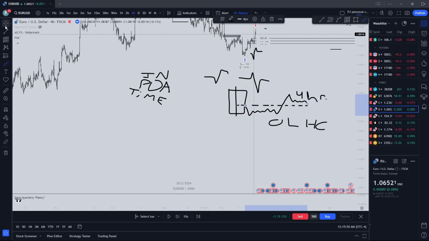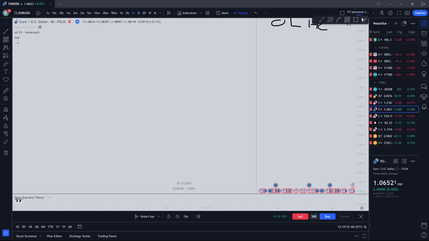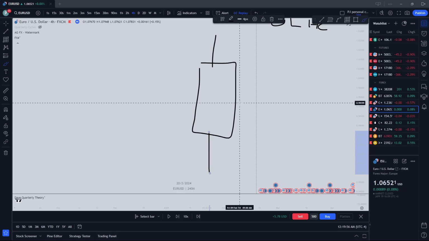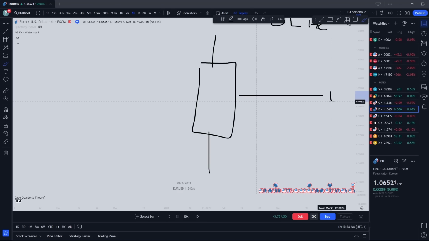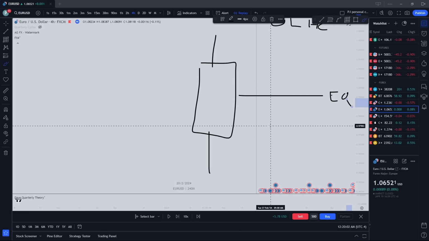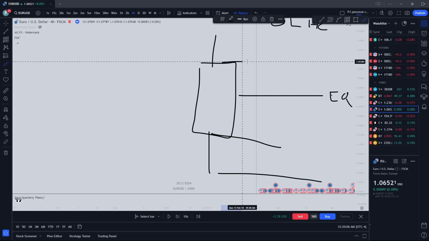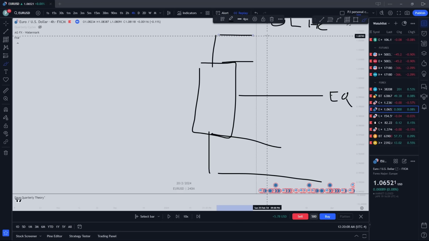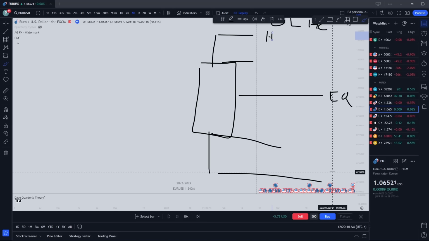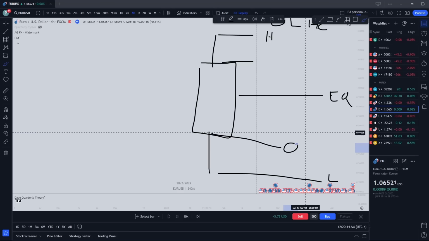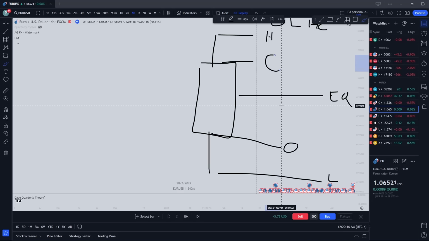Zoom out just a little bit more. Each specific candle has its own. You have your EQ. Same way with the daily candle. You have your high, your low, your open, and your close.